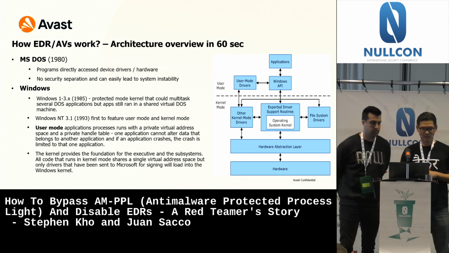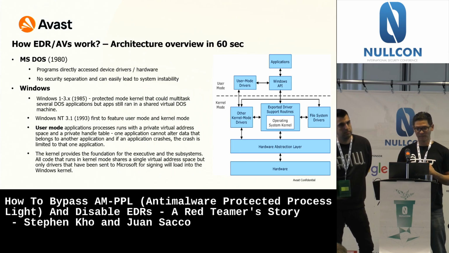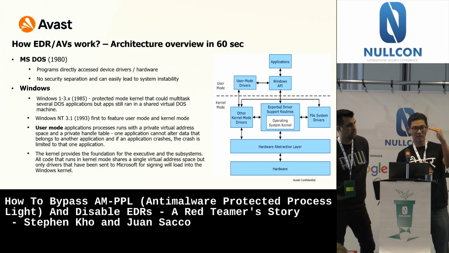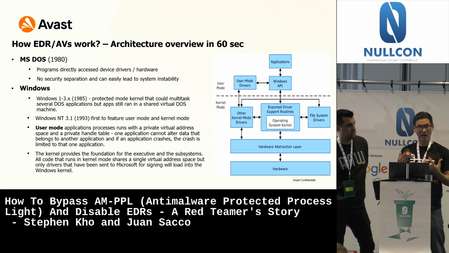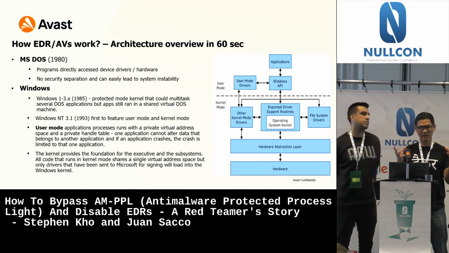So it was in the early 90s when Windows NT 3.1 came out that we first saw this new model of the user mode and kernel mode architecture. User mode applications run in that private space in user land. They're all separated, so one application cannot access or alter data of the other programs that we're seeing today.